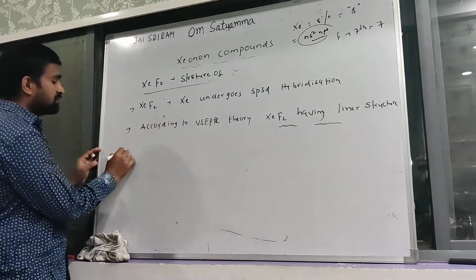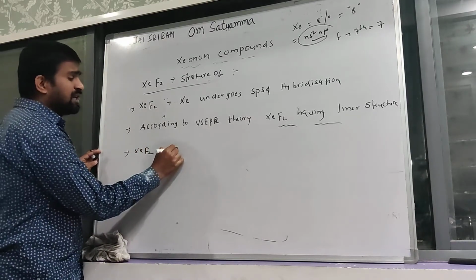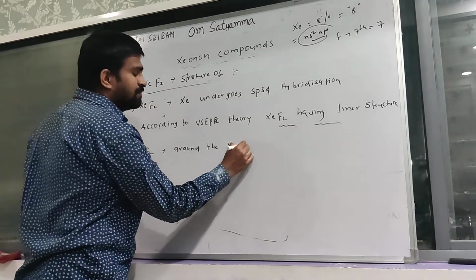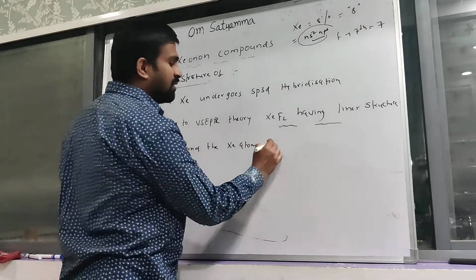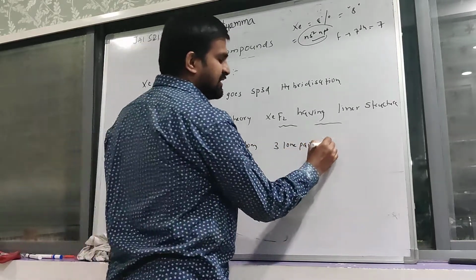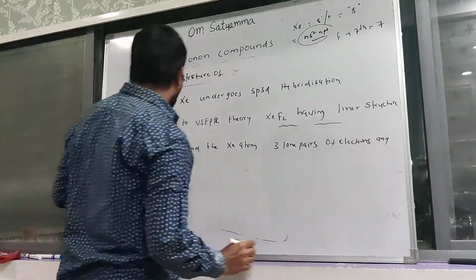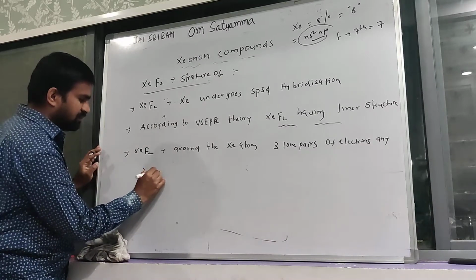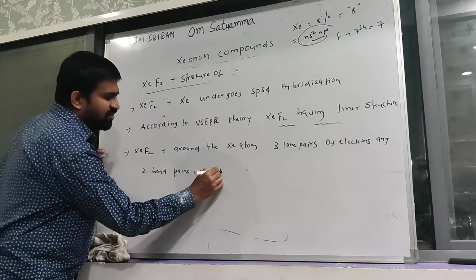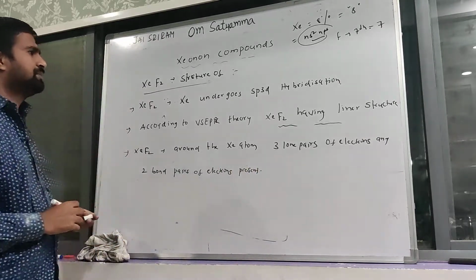In xenon difluoride, around the xenon atom, 3 lone pairs of electrons and 2 bond pairs of electrons are present.